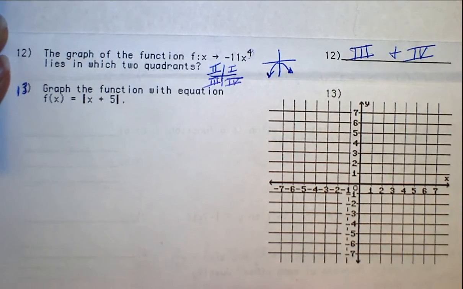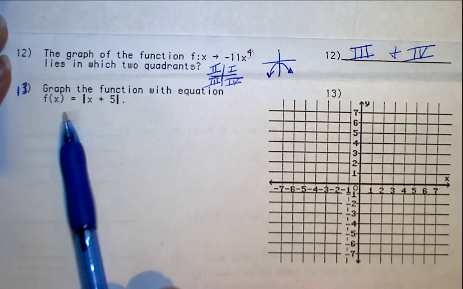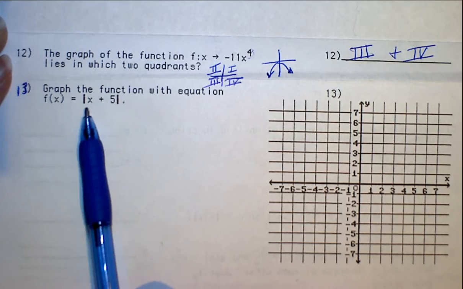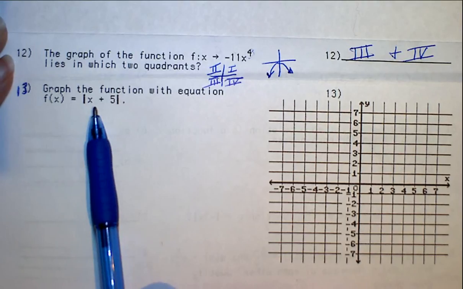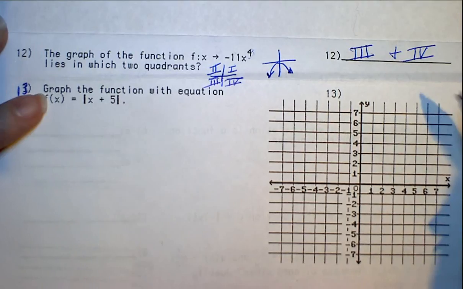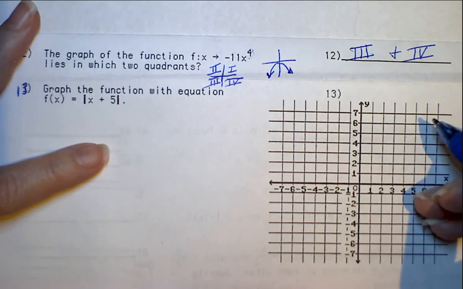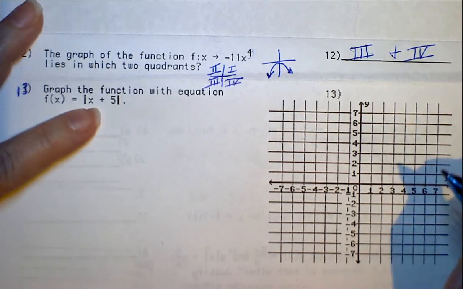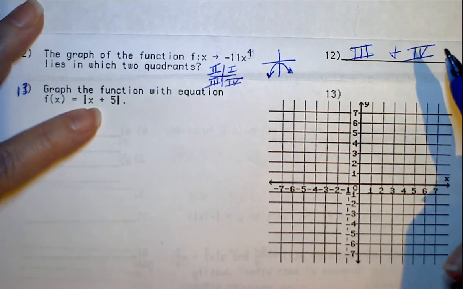13 says graph the function with the equation f of x is equal to the absolute value of x plus 5. So the first thing is let's find where the vertex is, that point of your absolute value function.